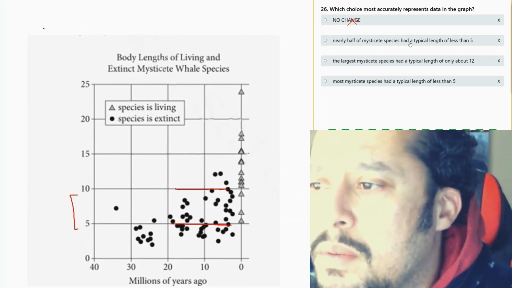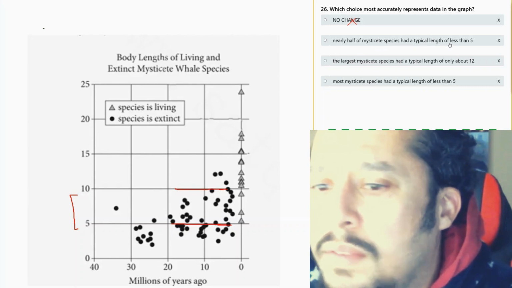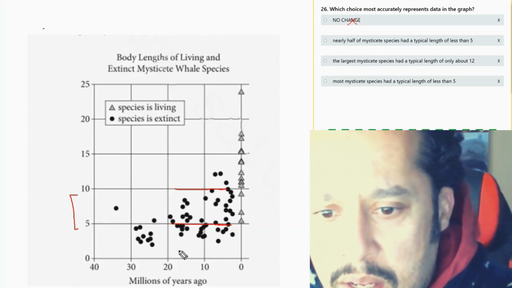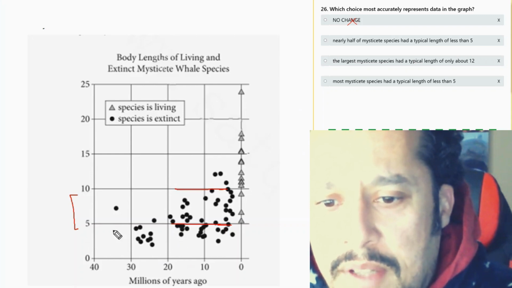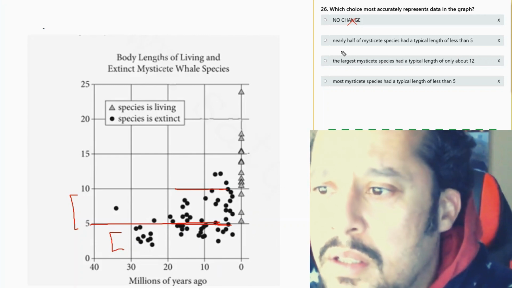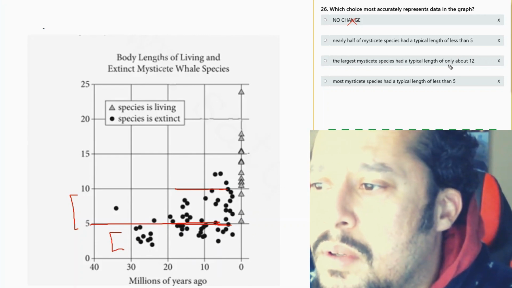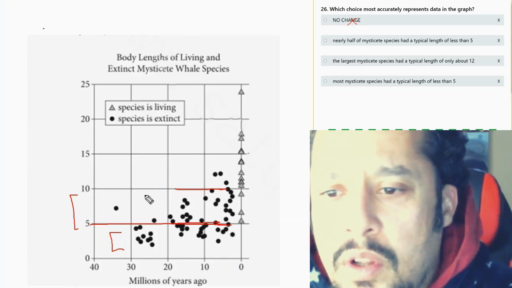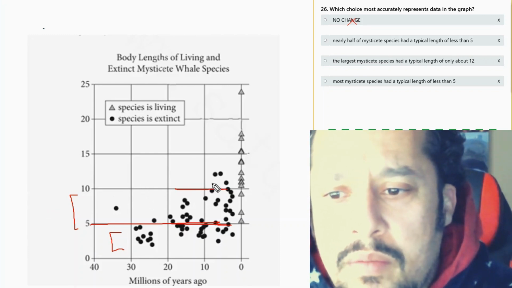Nearly half of species had typical length of less than 5. I mean, we can't really support this either. Barely half less than 5 meters. Down here, this is the one. Species had typical 12 meters. The largest had a typical length of 12 meters.